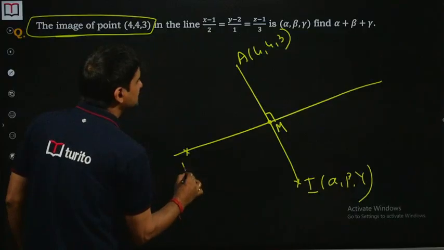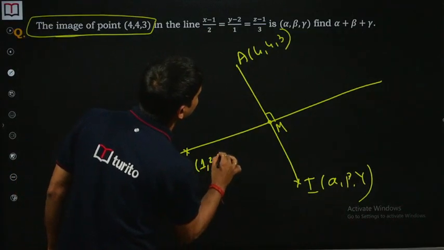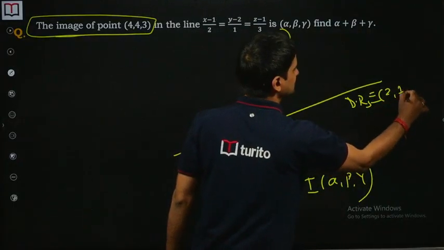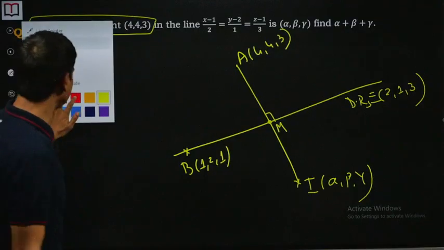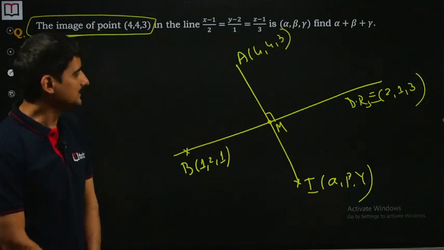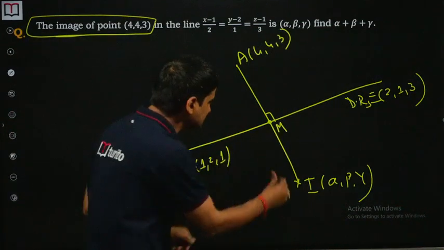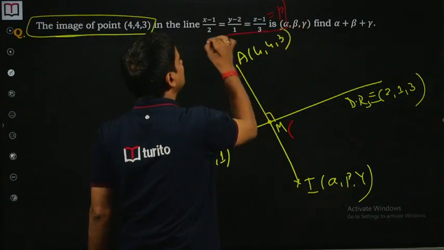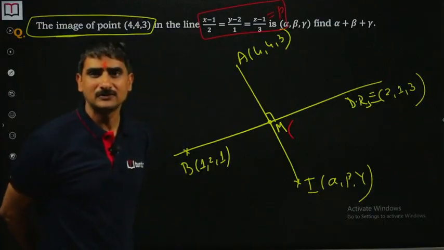Now the line passes through the fixed point, which is 1, 2, 1, and DRs of the line are 2, 1, 3. So direction ratios of the line are 2, 1, 3. Now how to find the foot of perpendicular? See, M is any point on this line, so we know how to use the symmetric form of equation of line.